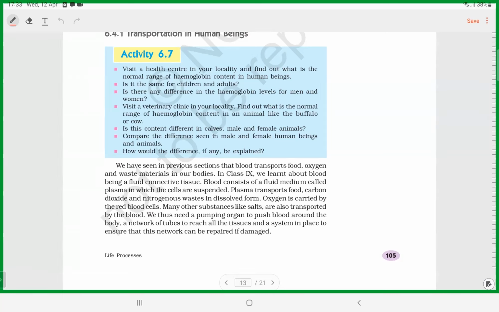And then we discussed respiration in plants, respiration in animals, what occurs generally in photosynthesis, the gas exchange, what substrates are used and what products are formed. Those things we discussed.